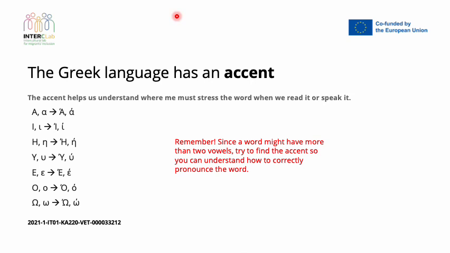The accent helps us understand where we must stress the word when we're reading it or speaking it or trying to write it down. So the accent will look a little something like this, as you can see on the right hand side. What I have done for you is give you the 7 vowels that we learned before and show you how they look with an accent.